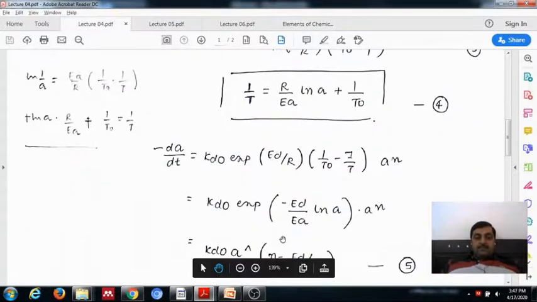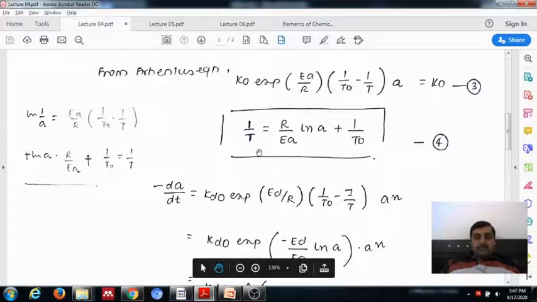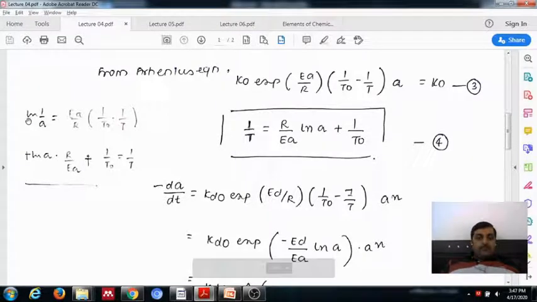If you look at this term, this is what we have solved in here. So ln of 1 by A is EA by R into 1 by T0 minus 1 by T.